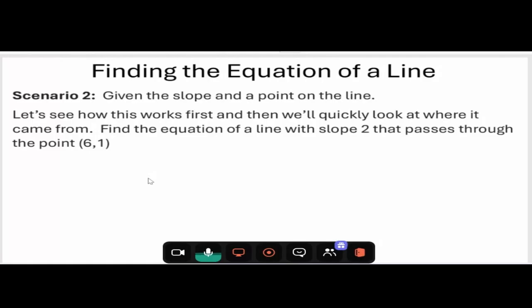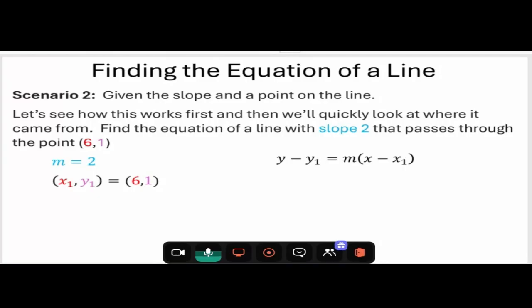So find the equation of a line with a slope of 2 that passes through the point 6, 1. So you notice we've been given the slope and we've been given a point. And I've color-coded everything there so you can see when I put it in. But slope, identify the point, and you say, oh, I know the slope and a point.